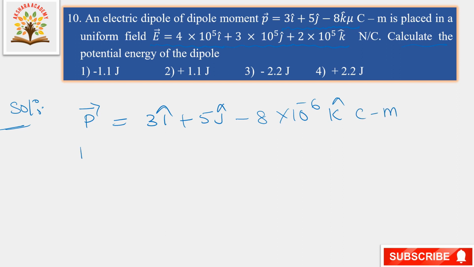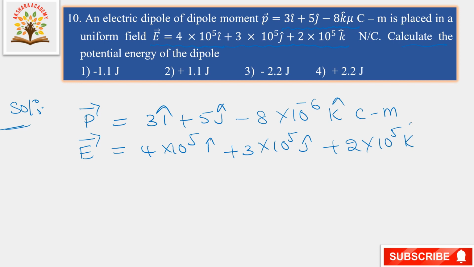Now, E bar is equal to, they have given as 4 into 10 to the power of 5 i cap plus 3 into 10 to the power of 5 j cap plus 2 into 10 to the power of 5 k cap Newton per coulomb.